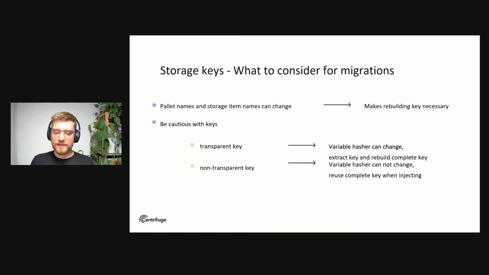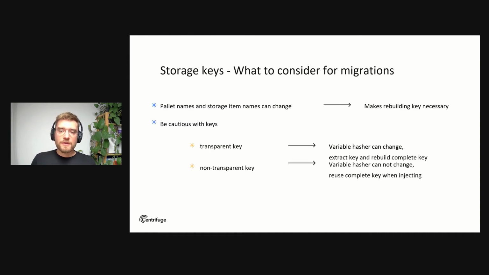This is possible, but when you consider the example of I want to migrate my system account information, and I fetch the state and I get a set of keys and associated values, what I need to do is cut out the part of the key that belongs to the pallet name and the storage item name, and then rebuild this key with the new names, concatenate it again, and then inject it into storage. And when I do this, it will actually be at the right position in storage where the runtime expects it to be, and then it can retrieve the actual account information.